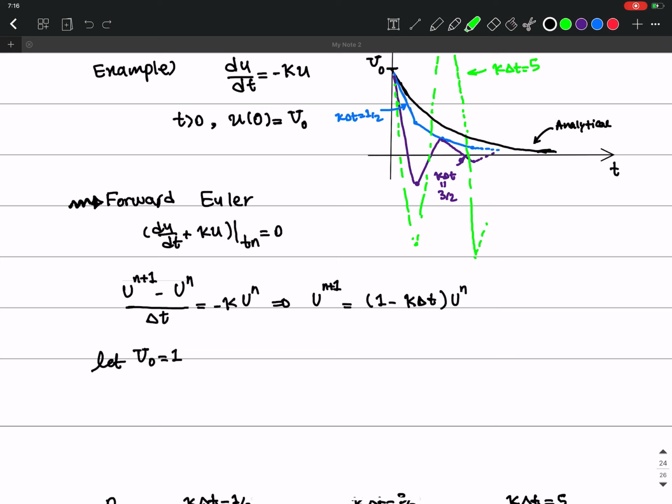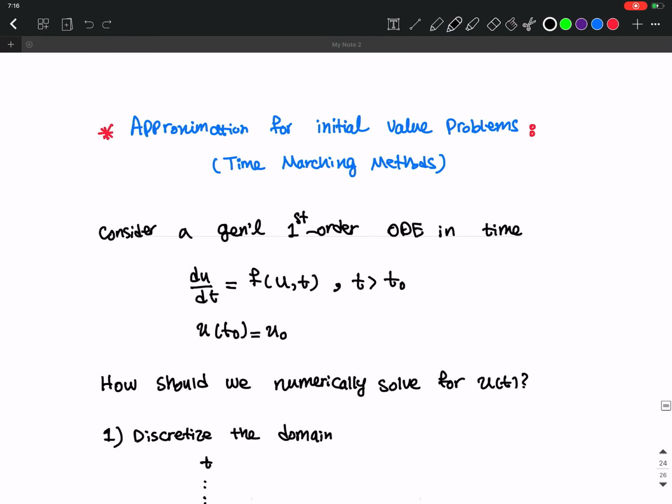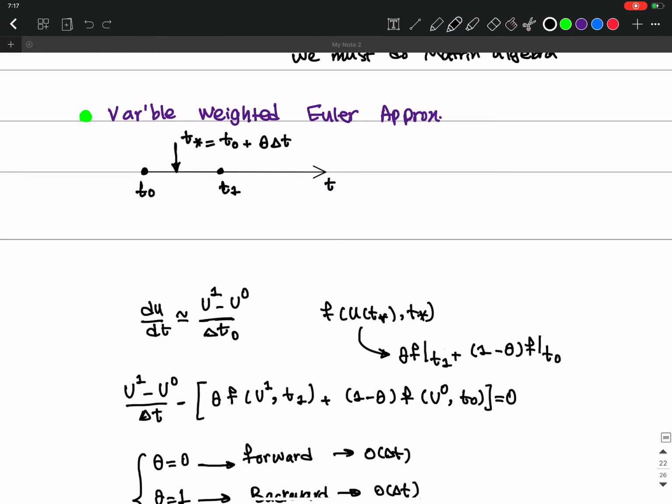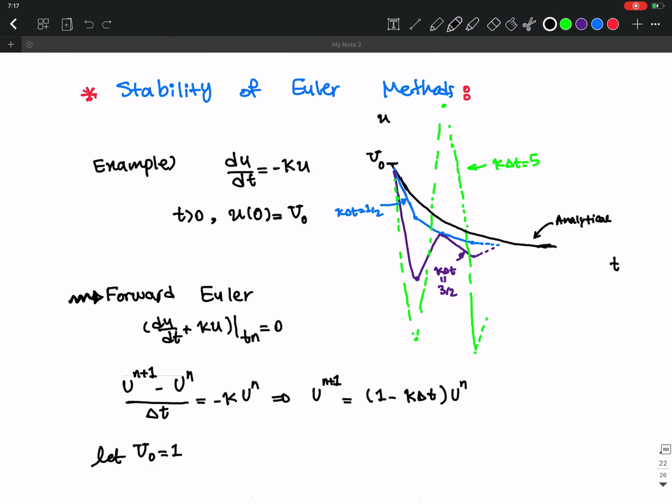So as a practice problem, let me just write it down here.